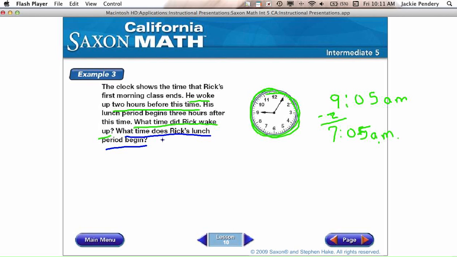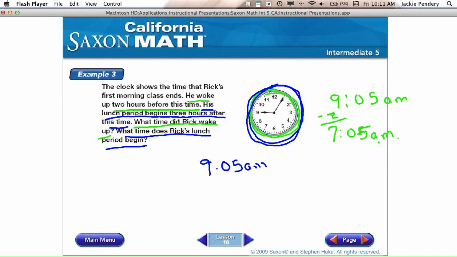But now it asks, what time did Rick's lunch period begin? And his lunch period begins 3 hours after this time. So we have 9:05 a.m. Now we're going forward in time. So 1 hour would be 10:05, another hour would be 11:05, and a third hour would then be 12:05.